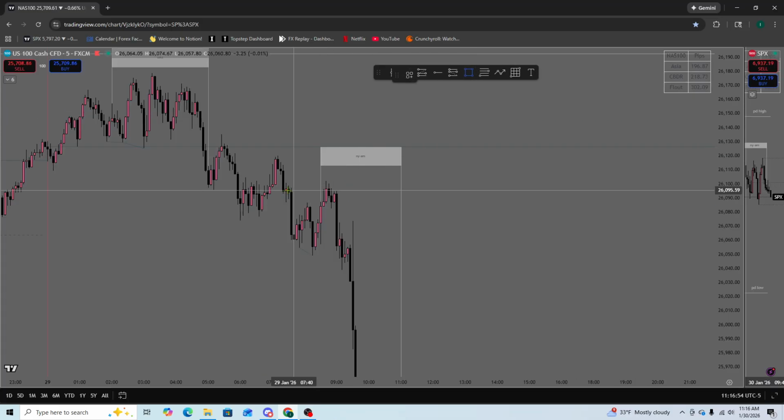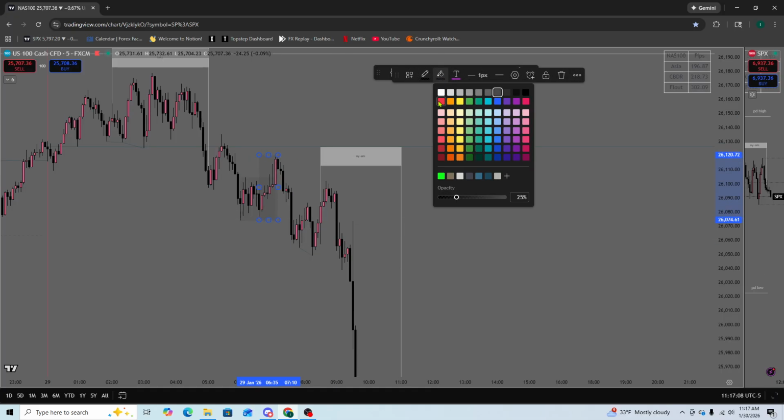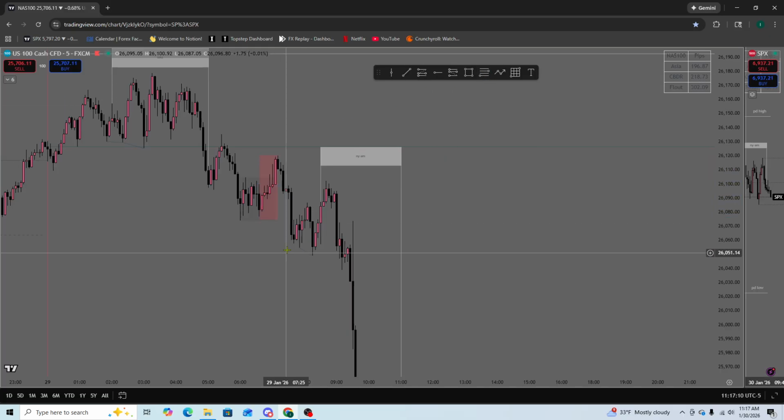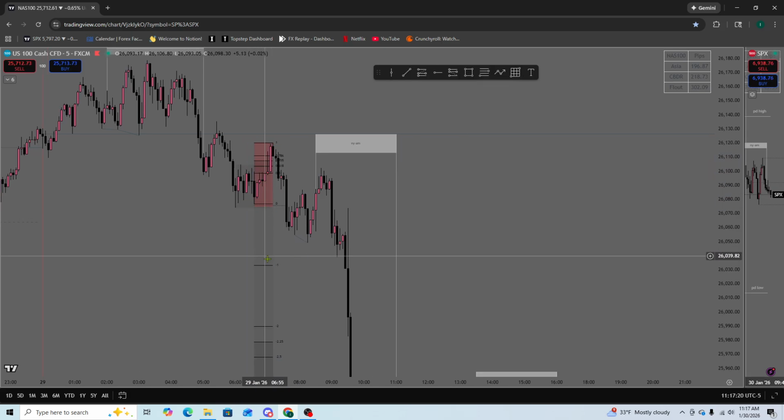We see this accumulation right here. We have this manipulation here, this leg up, and then we have our distribution. Now, the key thing, we see this distribution break structure. So that's how we know that this is a valid manipulation leg here. So we would mark our standard deviation.